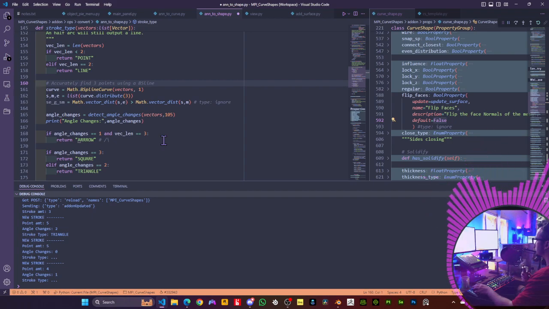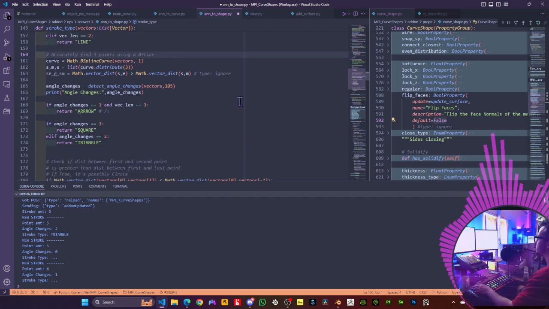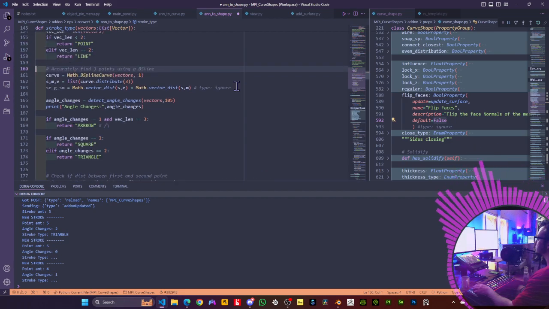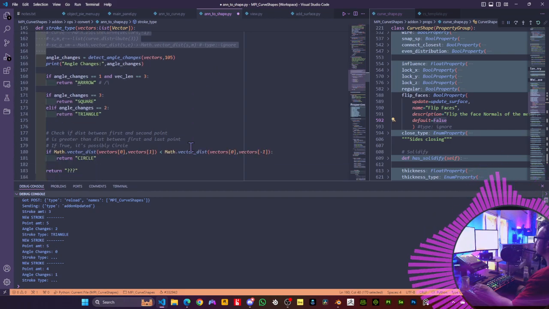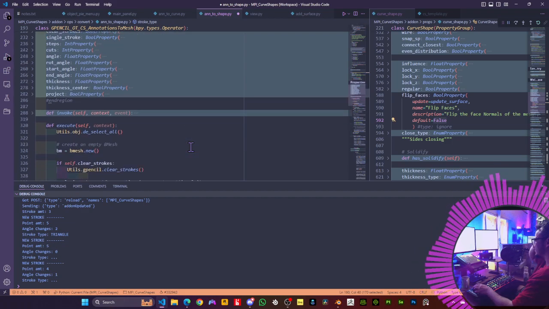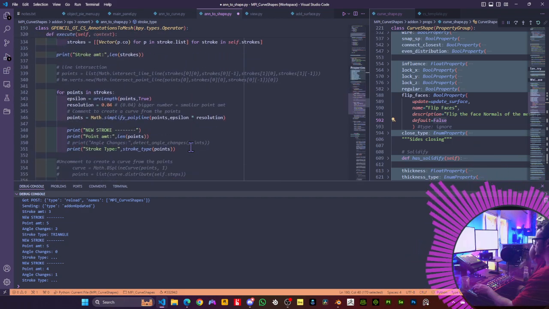I think I might need more points, to be honest. Let's try and use more points and see what the result is. If I change my simplify polyline here to a bigger number, equals smaller point amount.